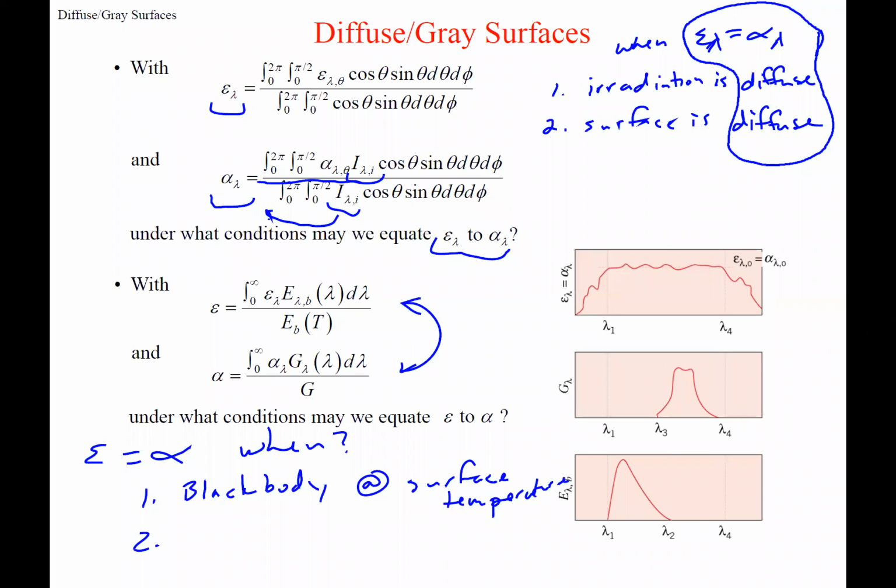Two is the more common one to get here. We have gray, the surface is gray. Okay, and that's where the absorptivity at a given wavelength and emissivity at a given wavelength are independent of wavelength.